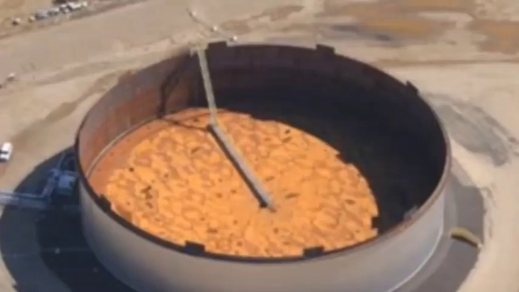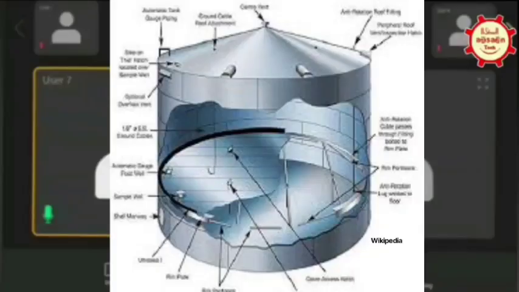And the fourth one: when the float comes down, when you are draining the liquid completely, some legs are provided for the floating deck to stand on the bottom, so that it does not hit the bottom plate.